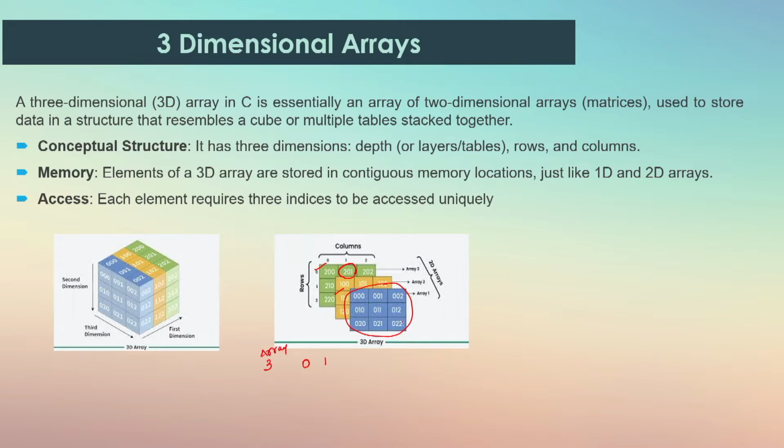Each one is an array: array 1, array 2, array 3. In the third array, in row number 0 and column number 1, we can access the particular element. So, this is how 3-dimensional arrays are accessed.